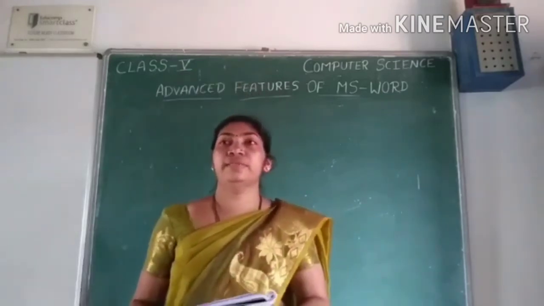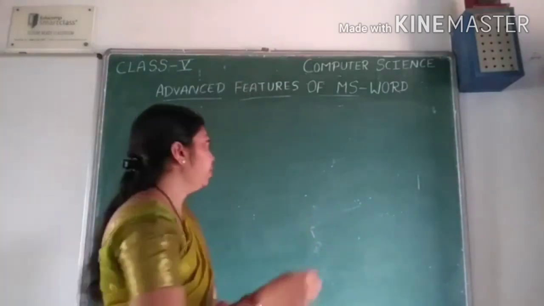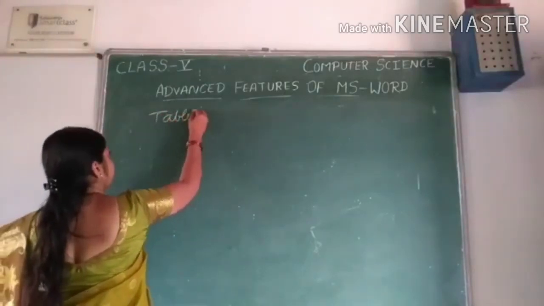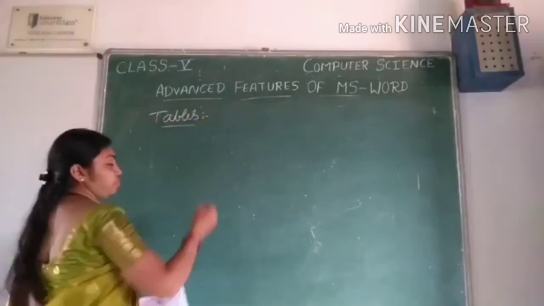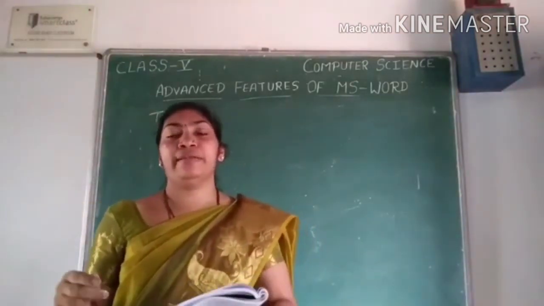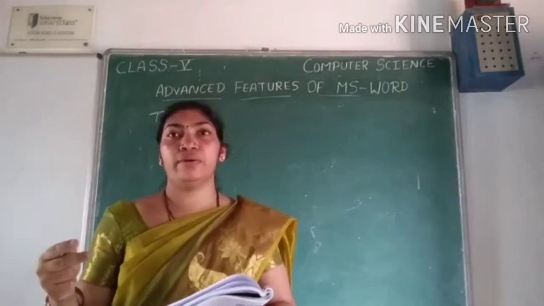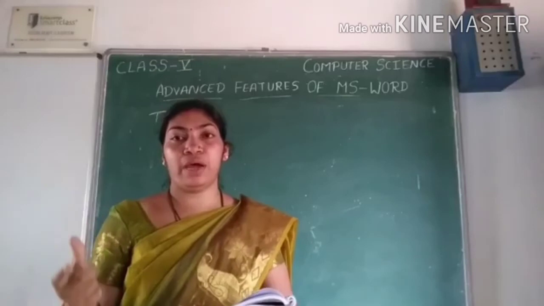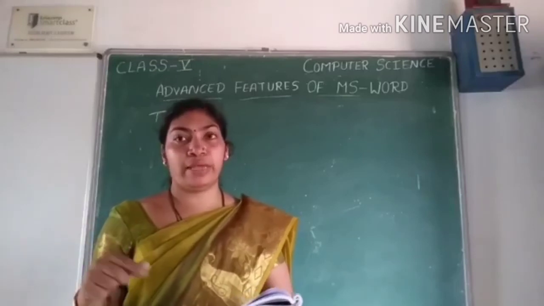So next is inserting tables. A table represents data in the form of rows and columns. A table may be a chart or grid in the form of rows and columns.